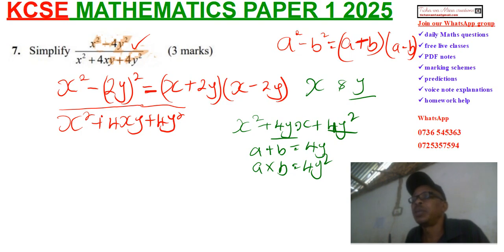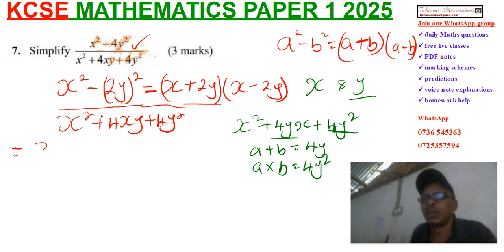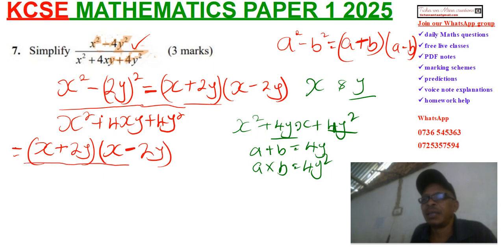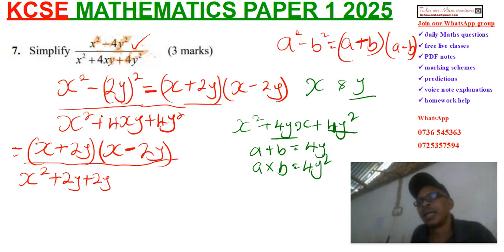So we can write our expression here. We got x plus 2y, and x minus 2y, divided by our denominator, which we write as x squared plus 2y x plus 2y x plus 4y squared.